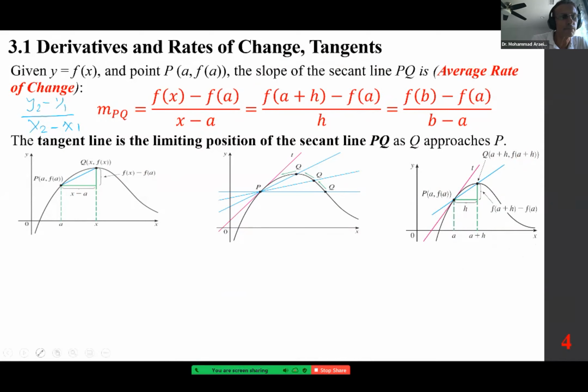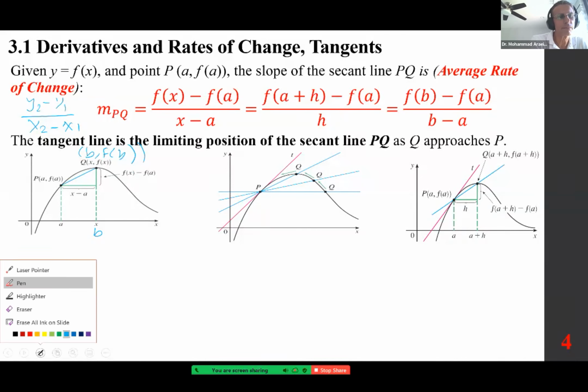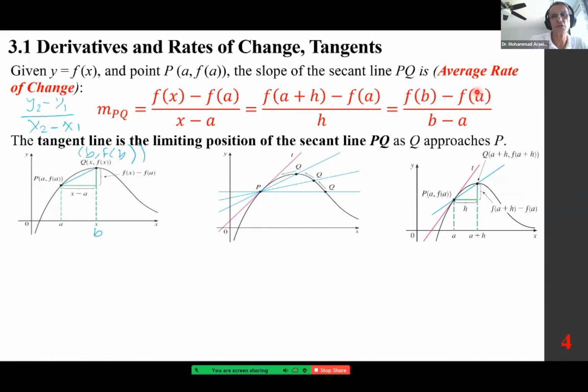If we call this point B, then this has coordinates B and f of B, in which case gives you this definition. All of them refer to what we call a difference quotient, and it's rise over run. So those are secant lines.